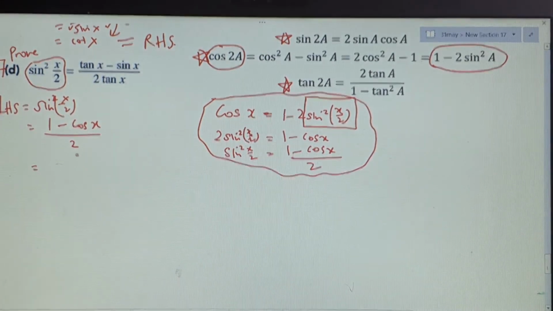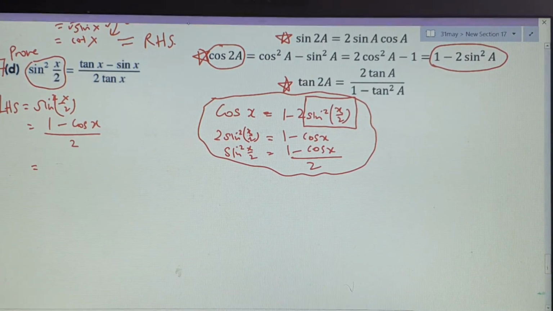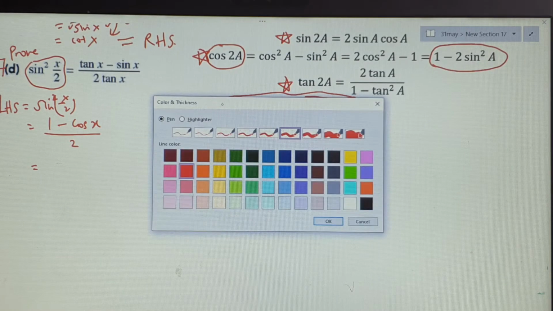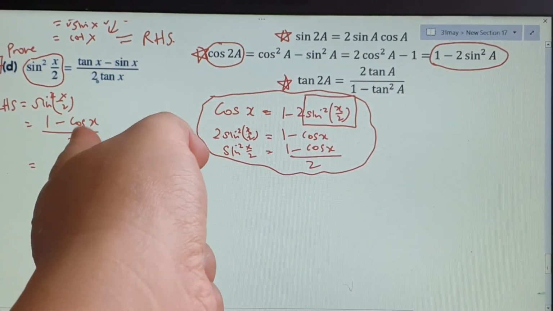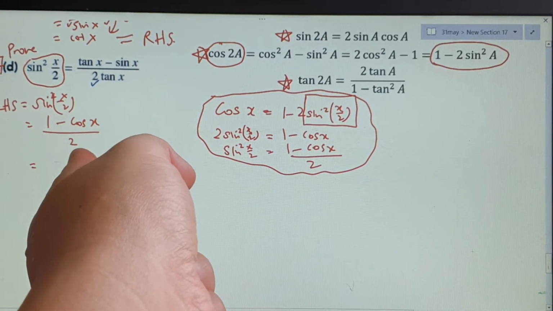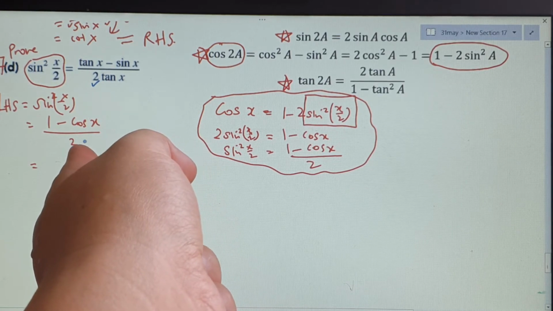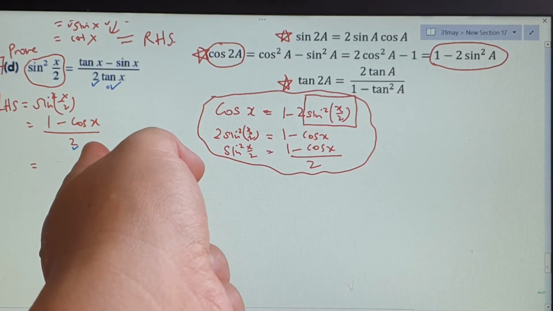Okay, now this is very far from what we have here, right? First glance, yes, it does look very far away from whatever we have there. But now, because I want, you see, I already have the 2 there. I have the 2 here, right? Okay, so if I multiply tangent to the denominator, I would actually have the denominator 2 tangent x, which is exactly what I want.